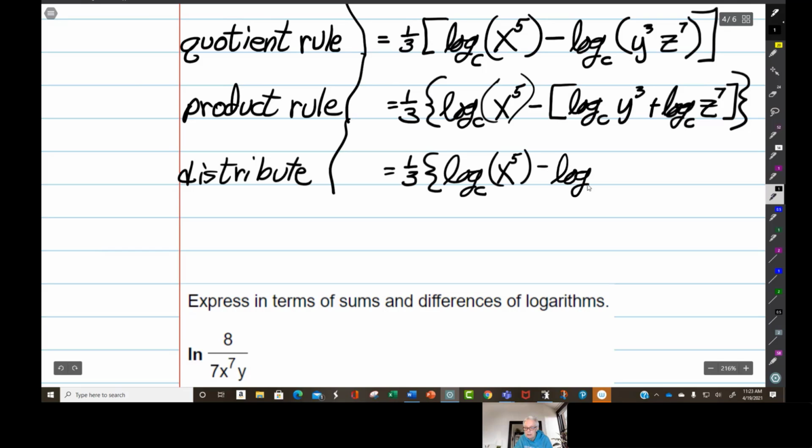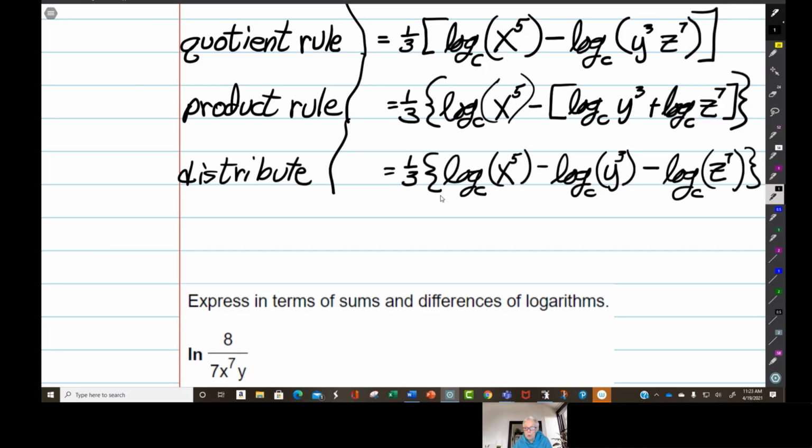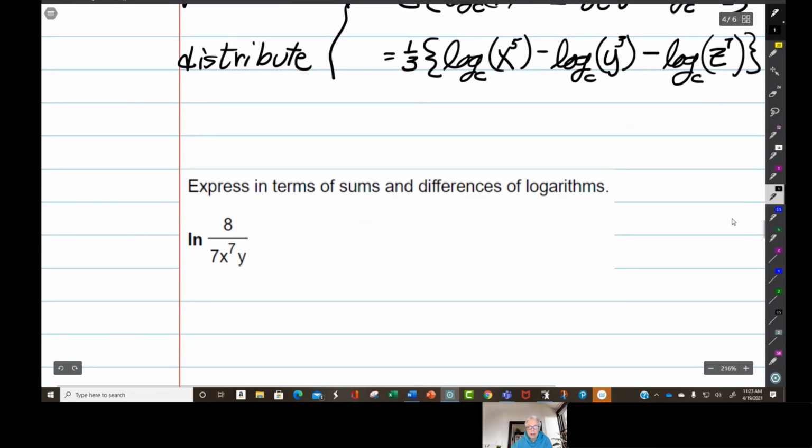Now I'm distributing of y to the third minus times plus is minus log base c of z to the seventh. Now we really don't need braces anymore. I could go back to brackets, and I probably will in the end. Well, not in the end, but now, maybe.